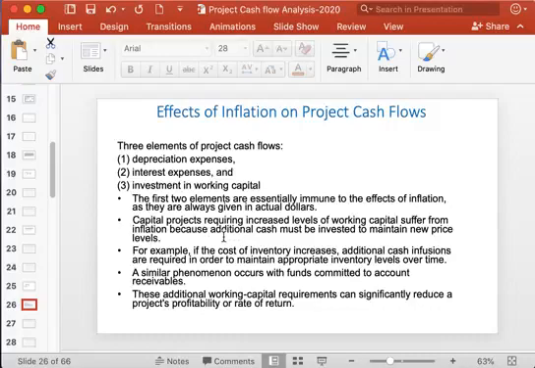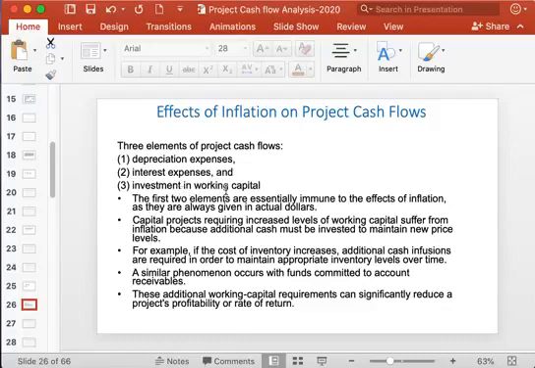Once the financial institutions lend the money at a certain fixed interest, the amount to be repaid every year, in the form of an equal annual amount, will remain fixed and will not be affected by inflation.